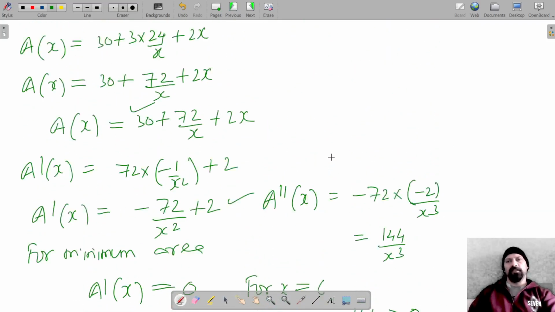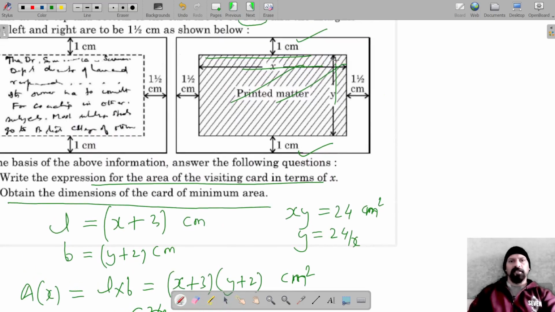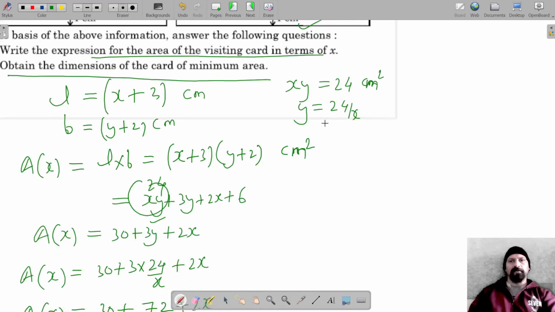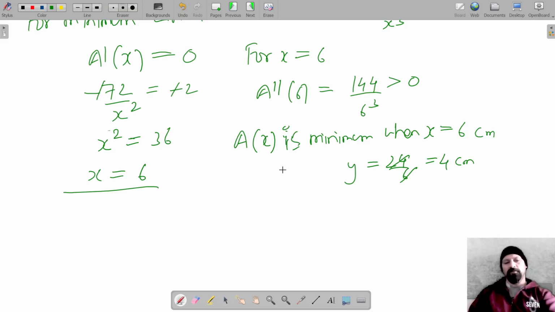So x is the length of the printed matter, and y is equal to 24 by 6, which is equal to 4 centimeters. So to get the minimum area, the length and the breadth of the printed matter should be 6 and 4, but we have to find the dimensions of the card.